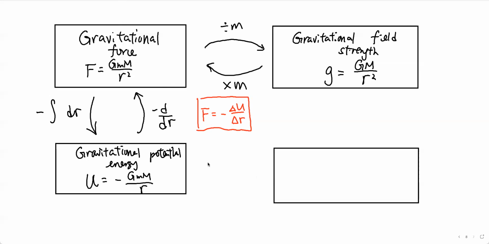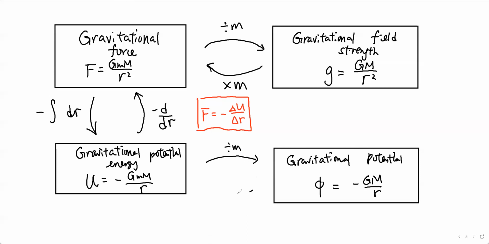So from potential energy to gravitational potential, you know we divide by the mass. So can you tell me what will be the relation between the field strength and potential?